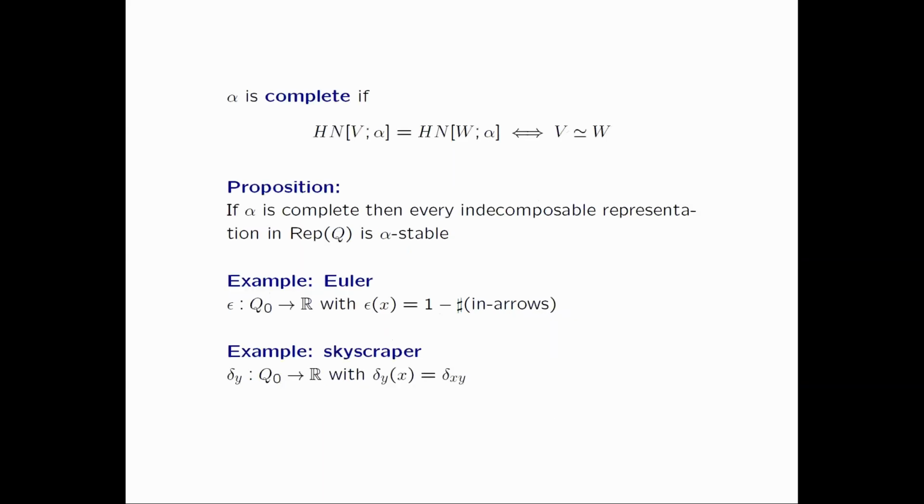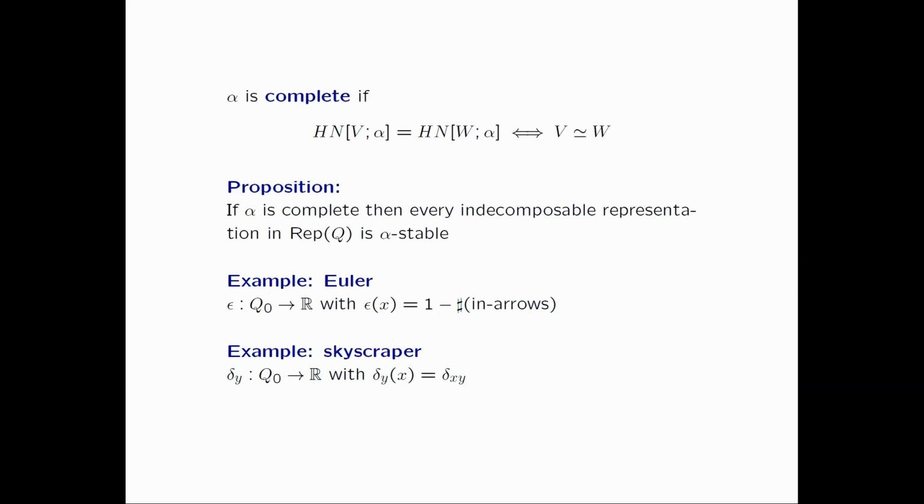Right, what can we do with that? Of course, you might ask, how well does the HN type distinguish between modules, representations? We have one for every choice of central charge alpha.